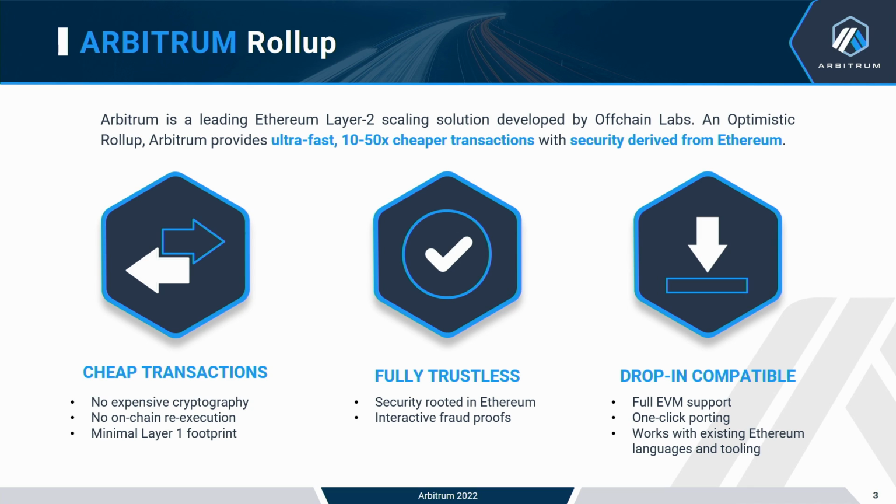Rather than using a completely separate blockchain, which will have various security assumptions you need to make, and have difficulties, we really provide much more an extension of Ethereum itself. And with that, as I said, cheap transactions that aren't dependent on expensive cryptography, that don't involve expensive execution on Ethereum, that really minimize those costs, that derive their security from Ethereum, and that allow the same Solidity or any other EVM-compatible language, same smart contract, same work you've done for any EVM chain, just working directly on Arbitrum.